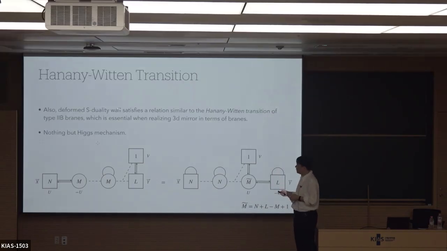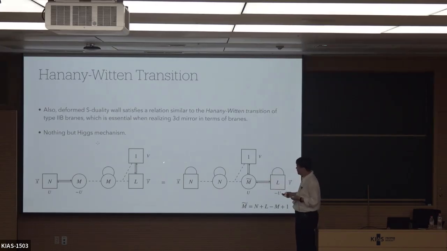So another important property of this deformed S-duality wall is something similar to the Hanany-Witten transition in type IIB string. So you remember when you realize this 3D mirror symmetry in terms of branes, you should use this Hanany-Witten transition, right? And of course, since we construct the 3D mirror from the field theory perspective, we need something similar to that.